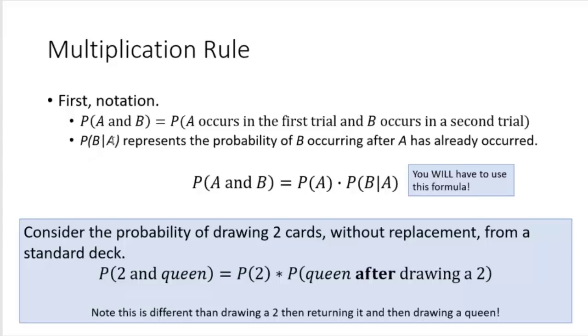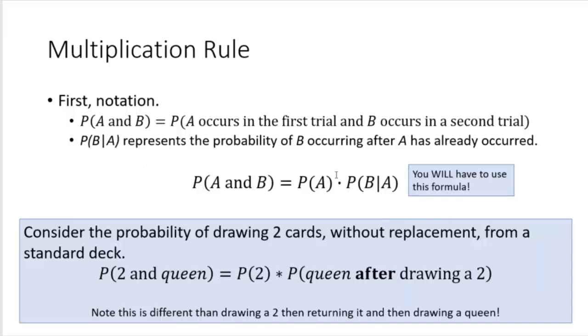And if we read this from left to right, I know it doesn't look like it says all this, but we generally read that the probability of B given A. Now, the probability of B given A means what is the probability of B happening after A already happened? So not at the same time, but after A already happened.